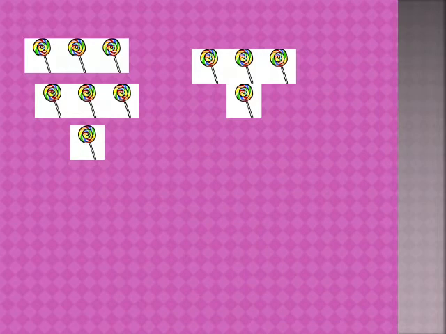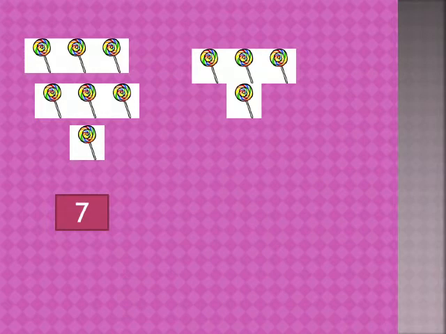Now children, see, there are certain number of lollipops, and let us count the number of lollipops in the first group. Yes, so there are 7 lollipops in the first group.